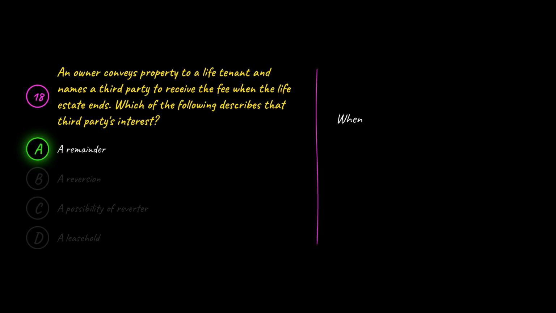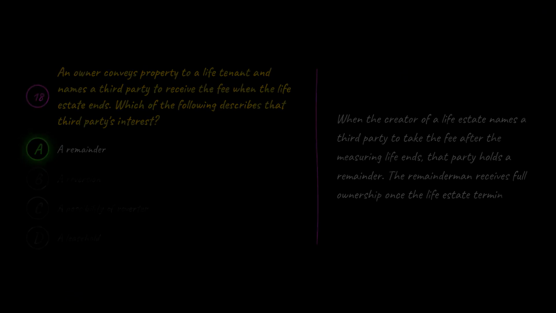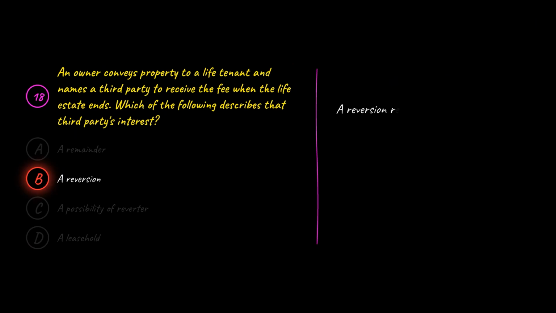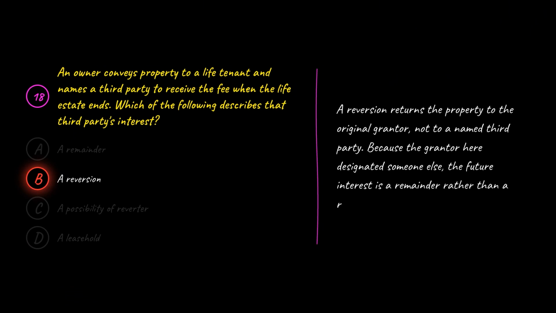A is correct because when the creator of a life estate names a third party to take the fee after the measuring life ends, that party holds a remainder. The remainder man receives full ownership once the life estate terminates. B is wrong because a reversion returns the property to the original grantor, not to a named third party. Because the grantor here designated someone else, the future interest is a remainder rather than a reversion.